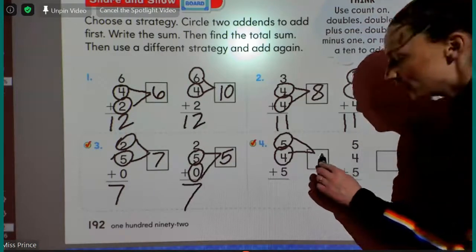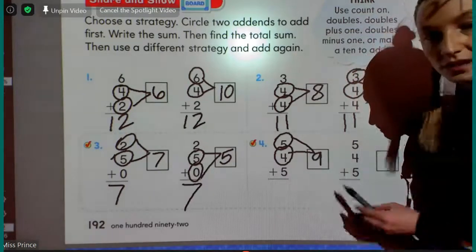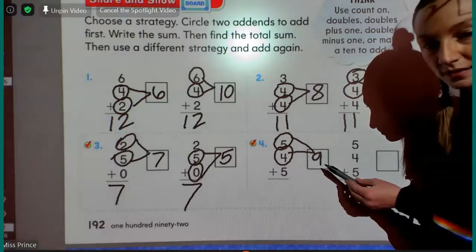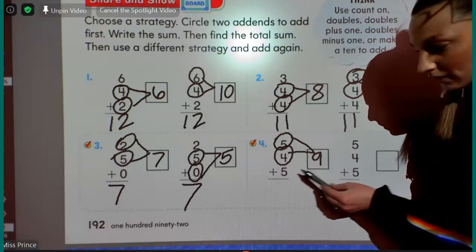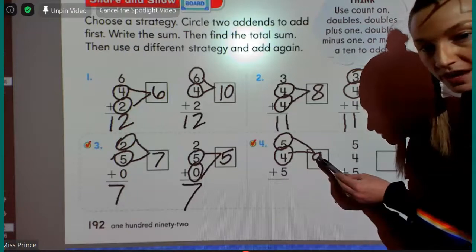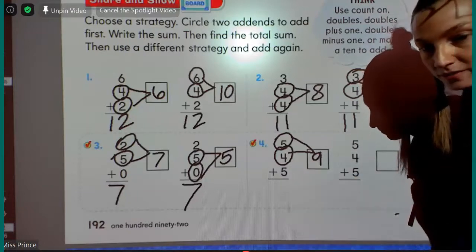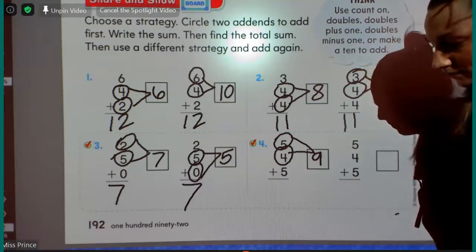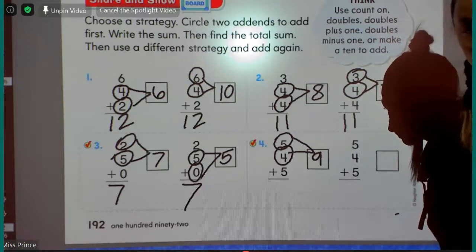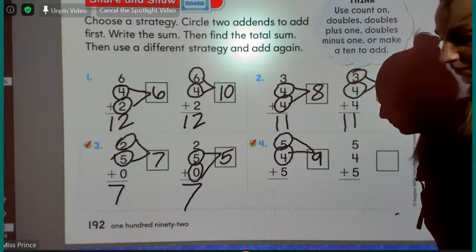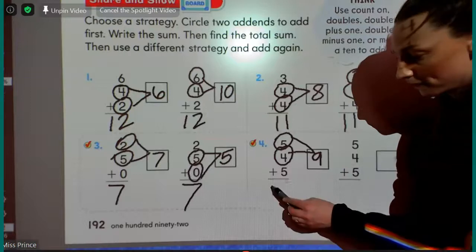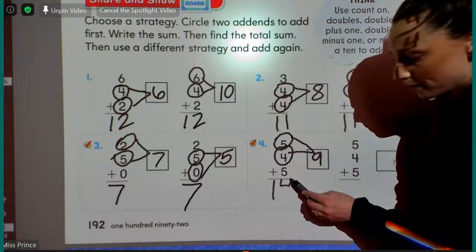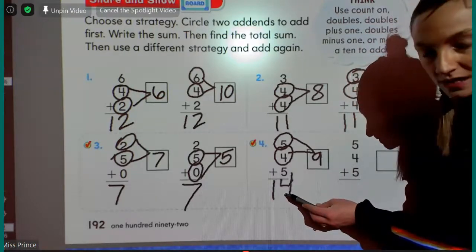Good job. Now what do we need to add? 9 plus 5. Good job. What do we get? 9 plus 5. 14. Good job.